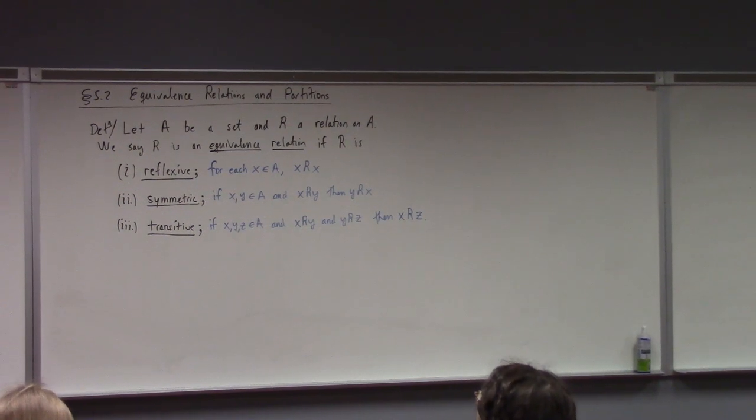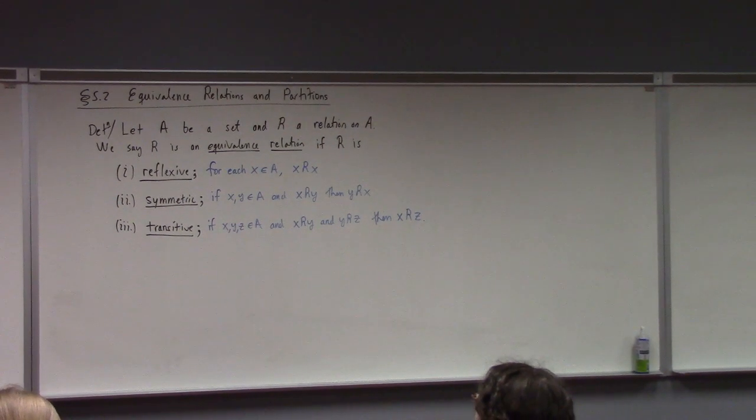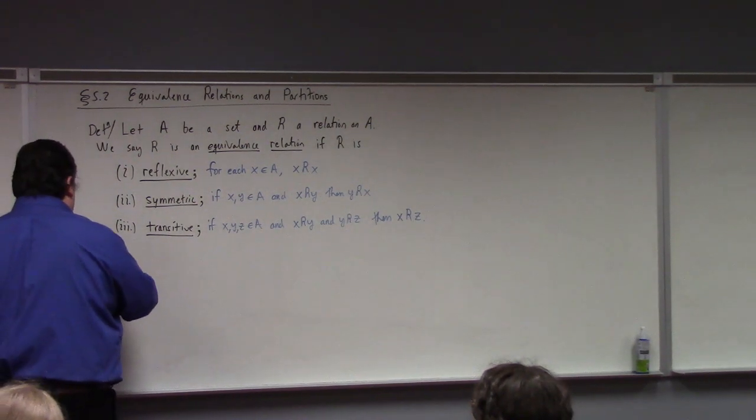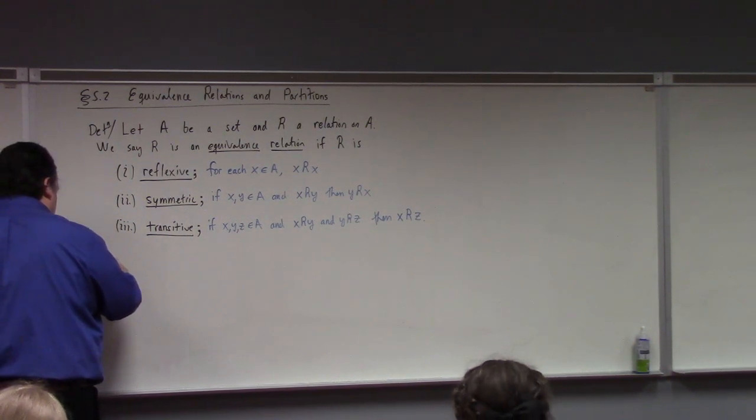So, a comment I should make right away is we don't always use R for the equivalence relation. I think I started doing this last time even. Sometimes we use a squiggle or some other symbol to indicate the equivalence. So let me just make a remark.